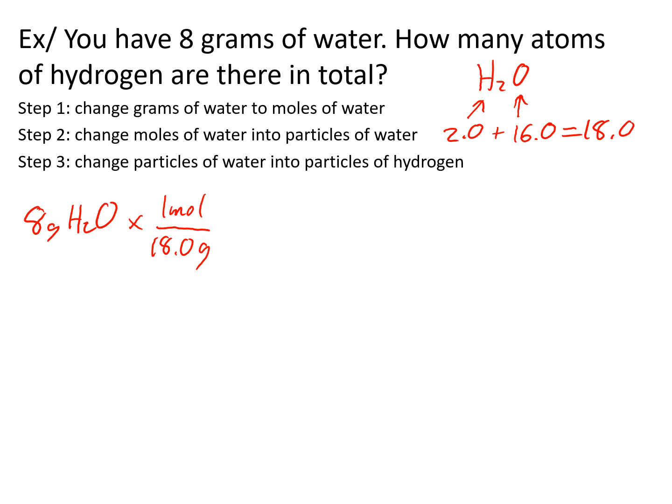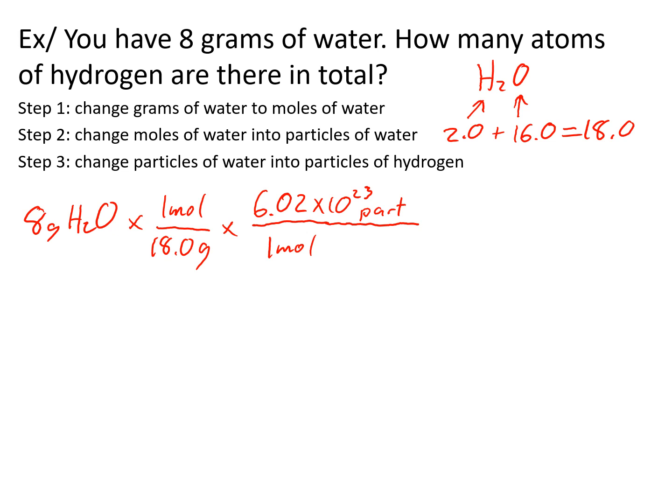So what I'm going to do is, I want moles to cancel out, so I'm going to put moles on the bottom. And I know that in 1 mole, there are 6.02 times 10 to the 23 particles, or in other words, molecules.